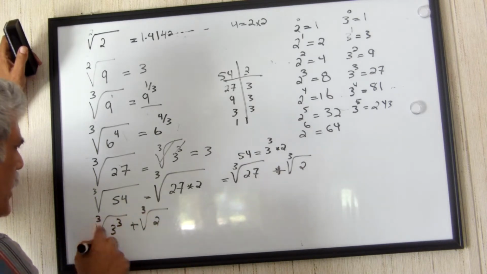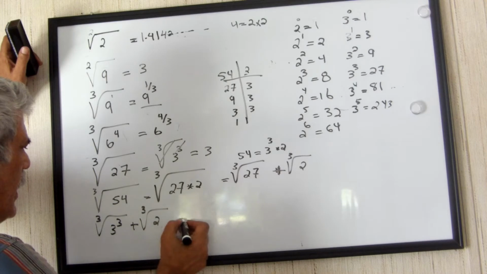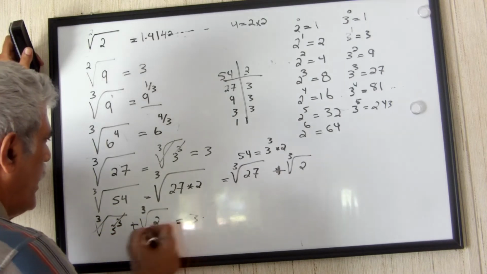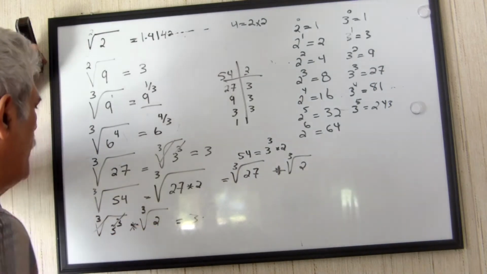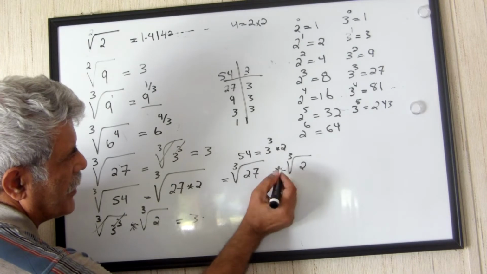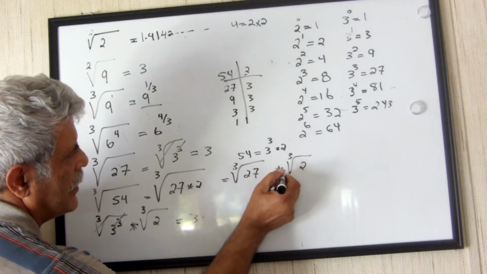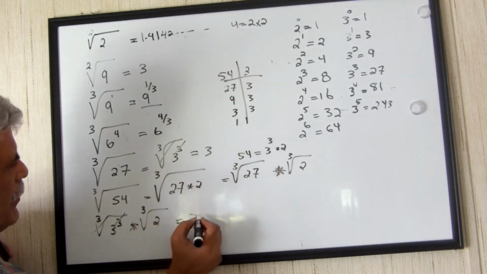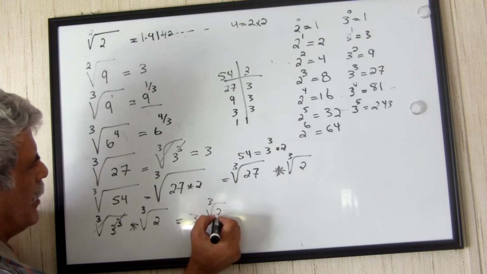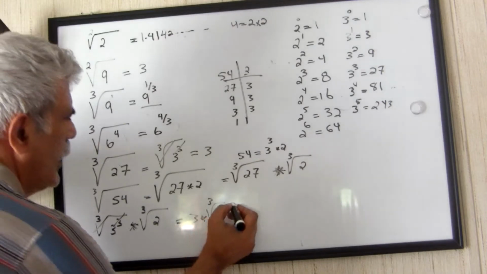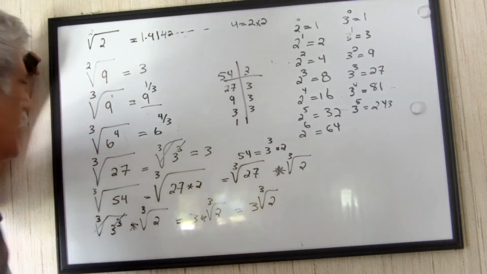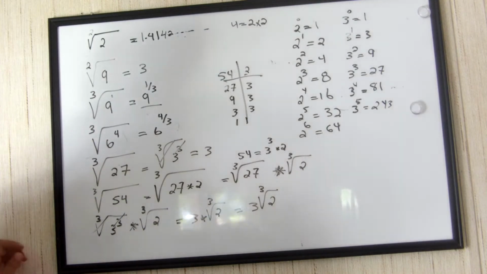See, this is the same as this, and we say that this cancels out, 3 in multiplication. This is multiplication. So it is going to be 3 times the cubic root of 2. So actually the answer is going to be like that, simplified like this.